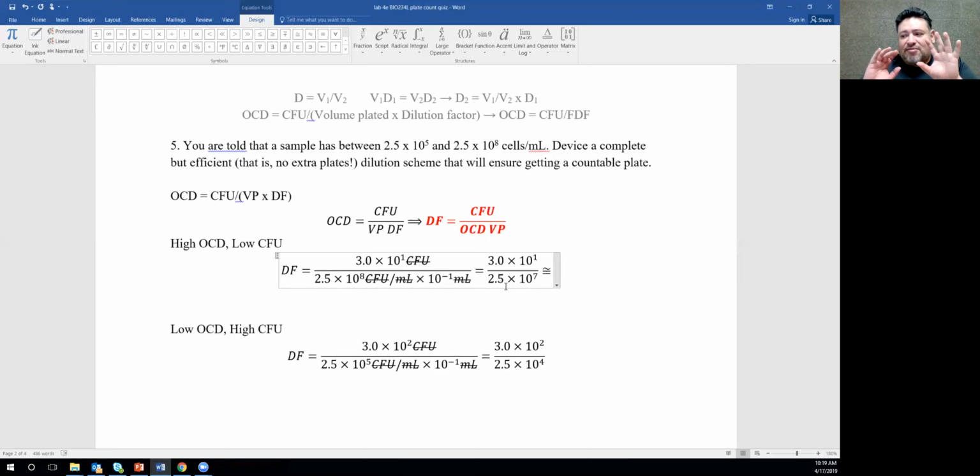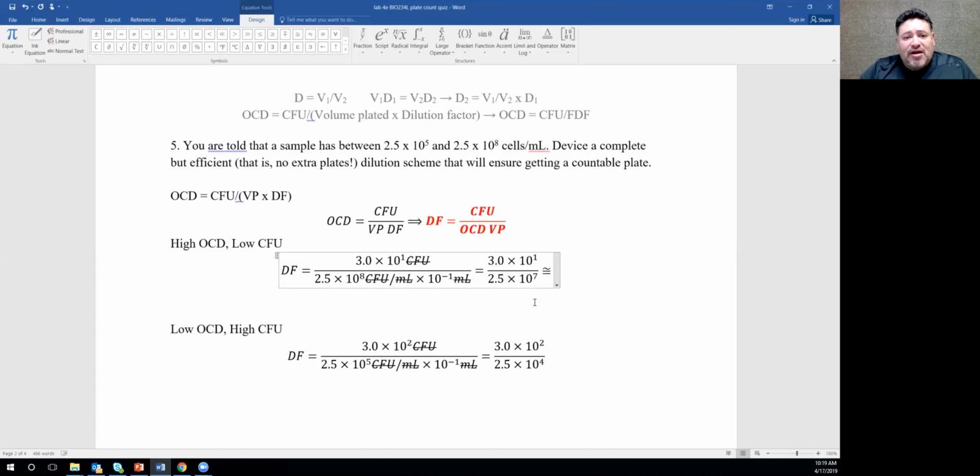So 3 divided by 2.5 being very close to 1, we're not going to care. We only care about the exponent. If you don't like that answer, another way of doing it is like this. Take your 3 divided by 2.5. That gives you 1.2. If you were to do that in exponential, that would be 10 to the 0. In other words, nothing changed.